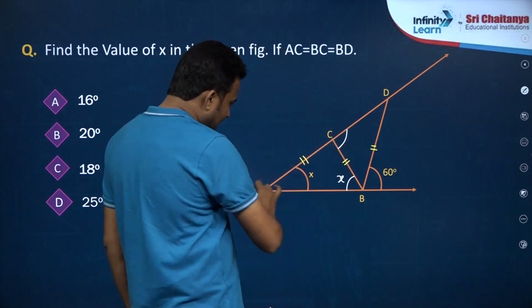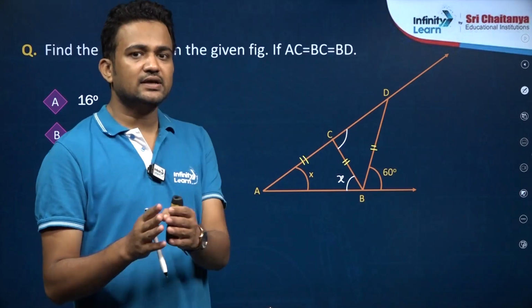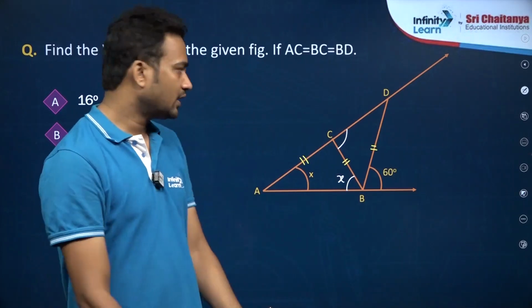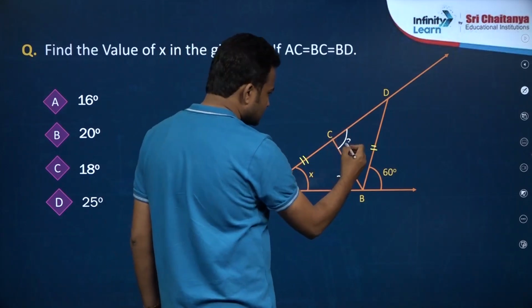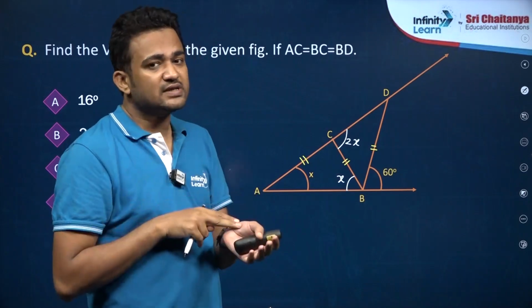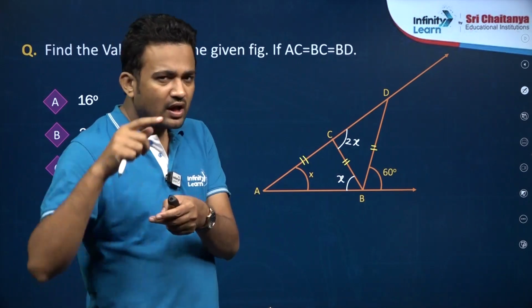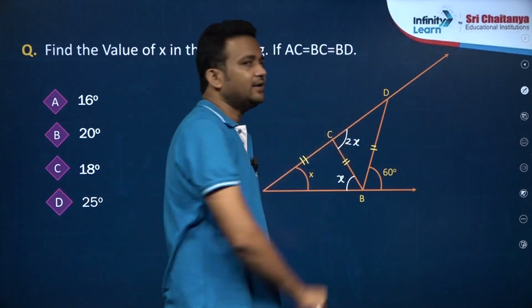So this is the exterior angle of this triangle, and we know that in any triangle, the exterior angle is equal to the sum of the opposite interior angles. So if this is x, then this will be x plus x, which is 2x. Now we have one more triangle in which two sides are given and they are equal. Are you able to identify that triangle? Yes, this triangle, that is triangle CBD.